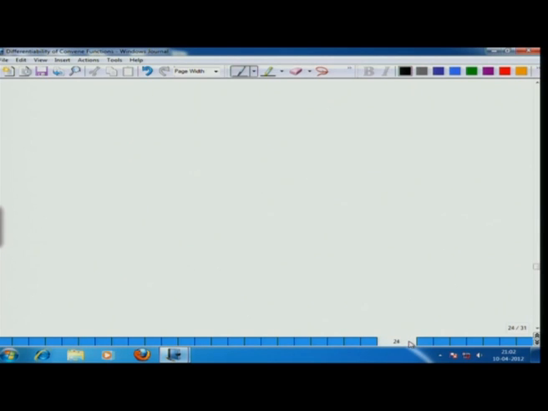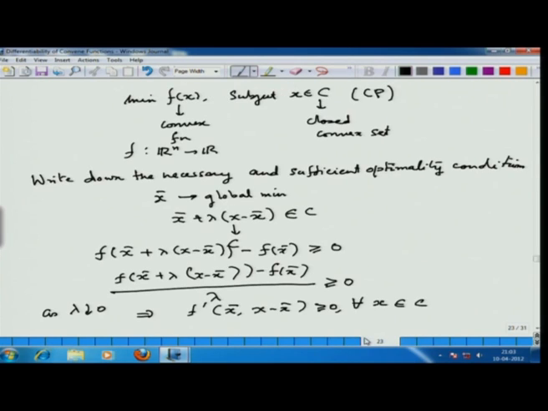Now, what happens? Suppose my x is fixed for the moment. So, this is the directional derivative, right, and this is your direction, x minus x bar.